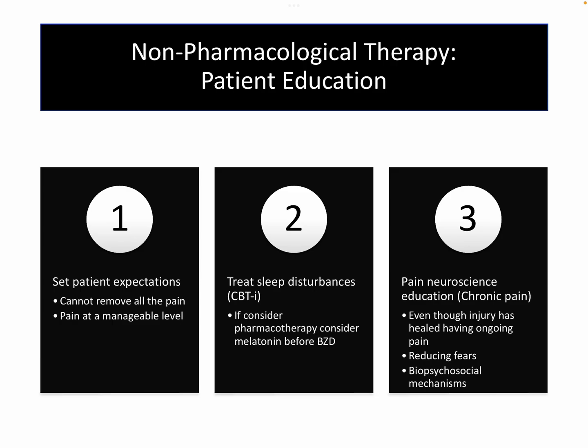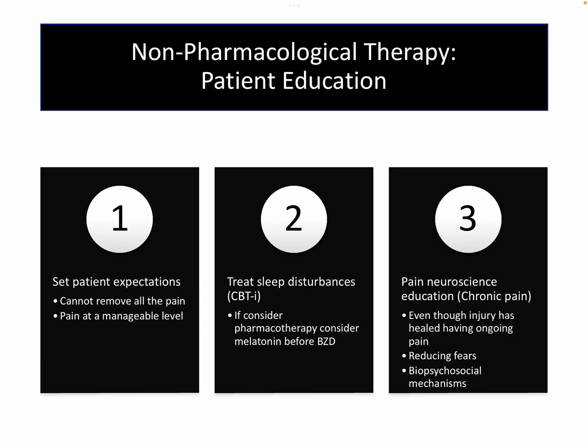You do want to make sure that you treat the sleep disturbances as well. If you are going to use pharmacotherapy for sleep disturbances, try to use non-benzo or non-benzo-like pharmacotherapies such as melatonin. And then also trying to create things like pain neuroscience education, especially for chronic pain.